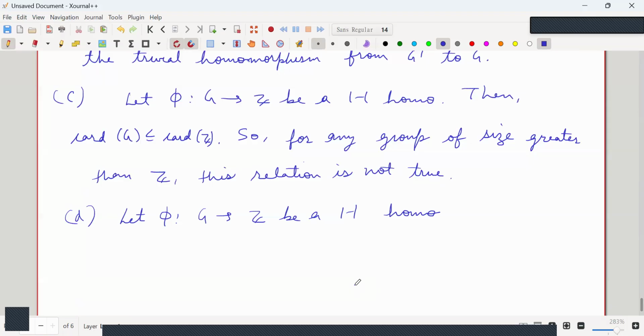So if you look at the size, then counting-wise, whether this element is there or not is not a good measure, because both of them are infinite, and how can you compare two infinite numbers? So that's why the concept of cardinality is there. So in terms of cardinalities, they are the same. And in fact, they are isomorphic.